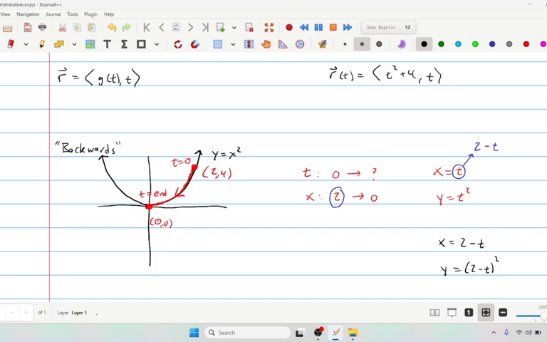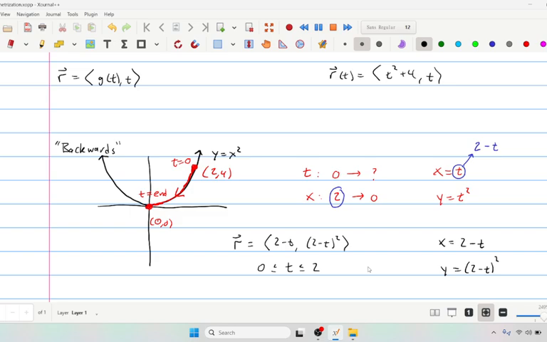For what time value? I want this to end when both x and y are 0. x will be 0 when t is 2. So this says we can rewrite our parameterization as r of t is 2 minus t, 2 minus t squared, and this will hold as t goes from 0 to 2. So that's the first complication that can arise on these.